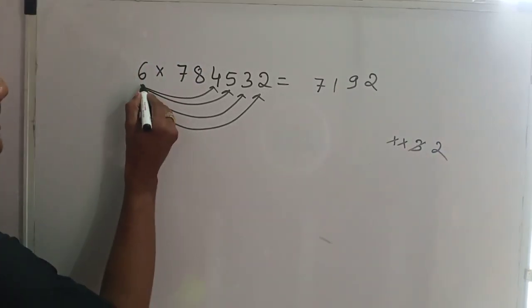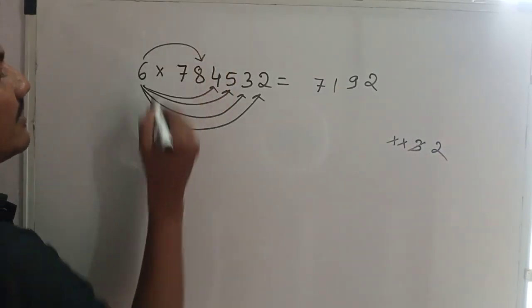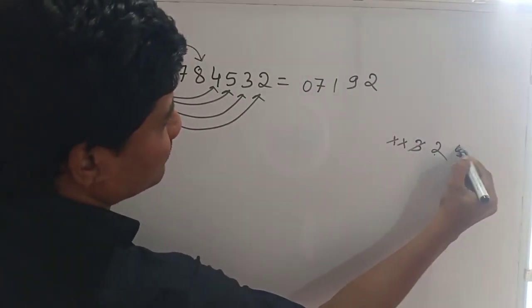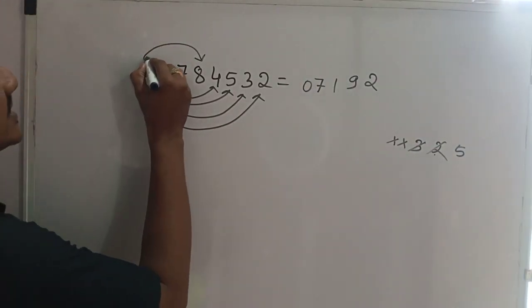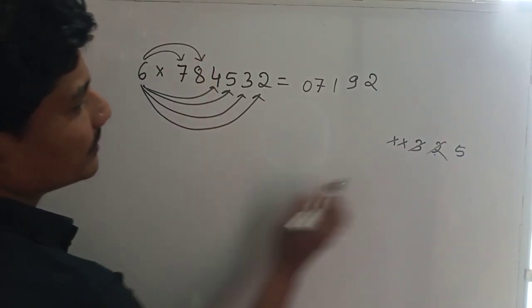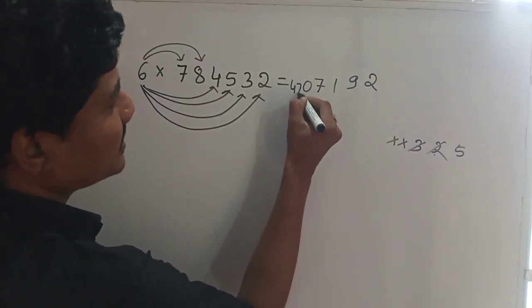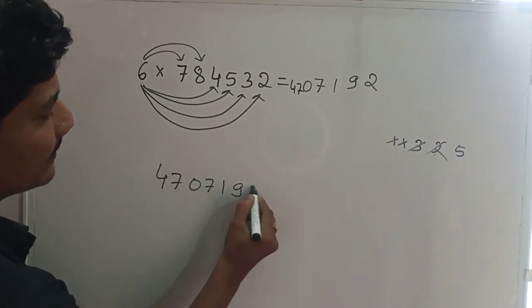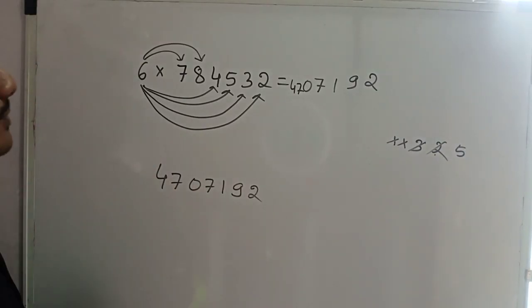Carry 2. 6 8s are 48, 48 plus 2, 50, carry 5. 6 sevens are 42, 42 plus 5, 47. That is 47,07,192 is the answer.